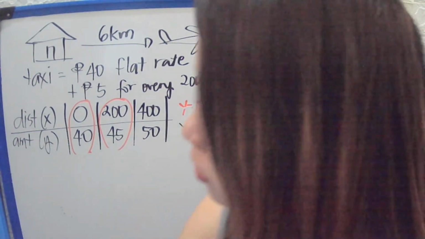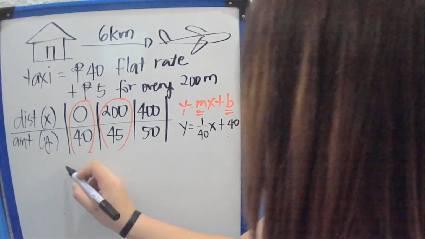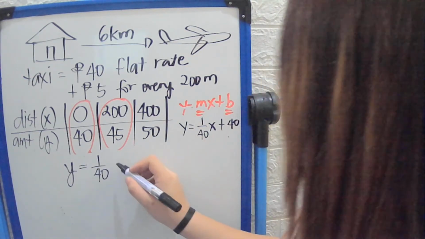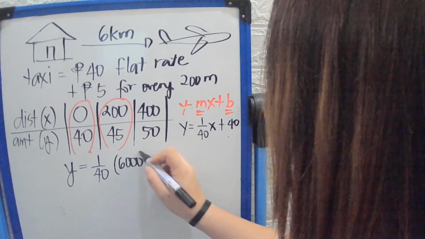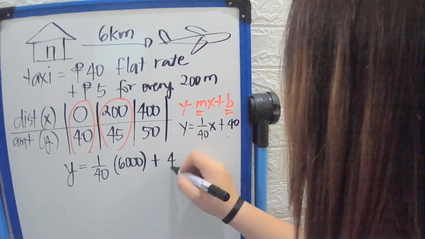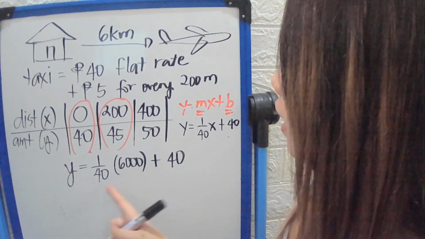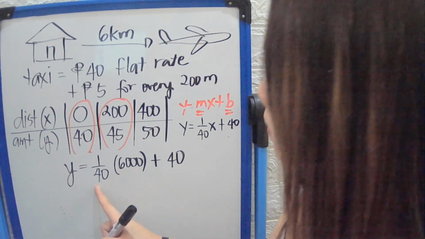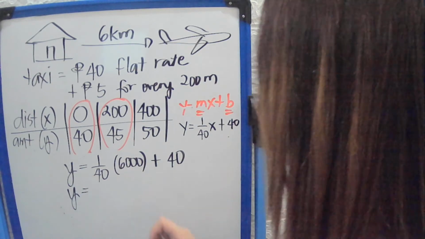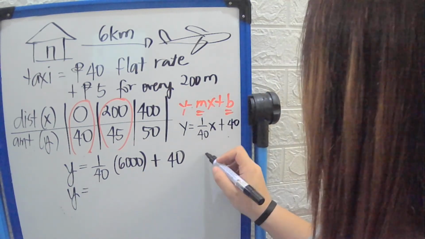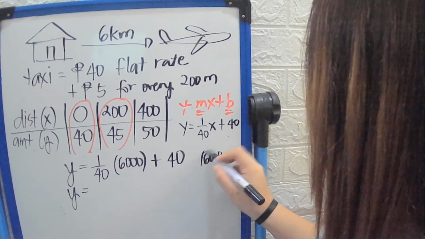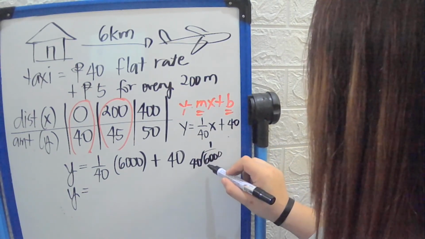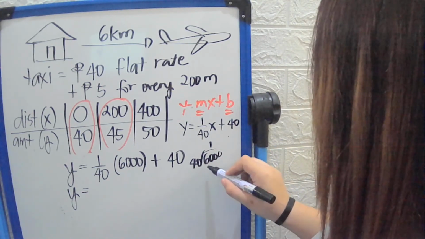6,000. Let's solve. So, y is equal to 1 over 40, our x is 6,000, plus 40. Now, to solve for this, 1 times 6,000, so 6,000 divided by 40. So, 6,000 divided by 40, ilan po yun? So, there is only 140 out of 60.